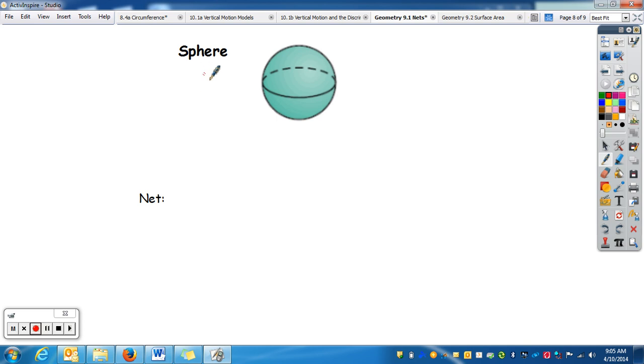Alright, and then last figure we're talking about is a sphere, which is just a ball, you can think of it. Now again, this would have a radius, and the radius would go all directions. So you have to think of this in 3D. Now the net is really goofy. It looks something like this over and over again.